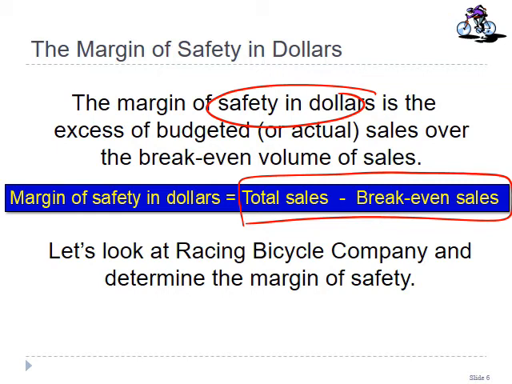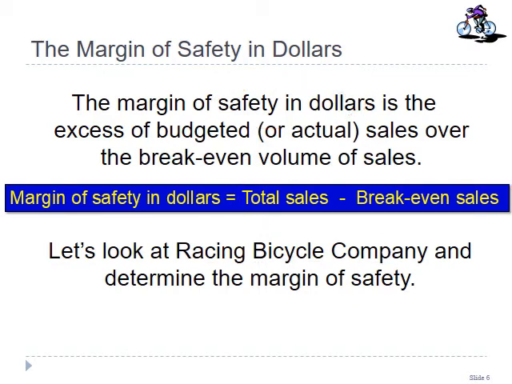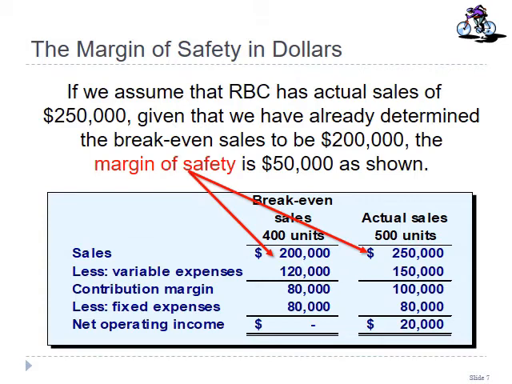So let's calculate the margin of safety for RBC company. RBC is selling right now 500 units, and its current contribution margin income statement is like this. So here we know that the break-even analysis returned 400 units and its profit is 0 here.